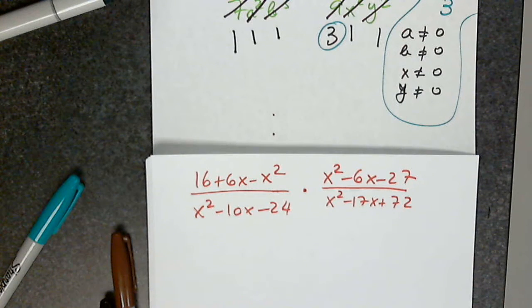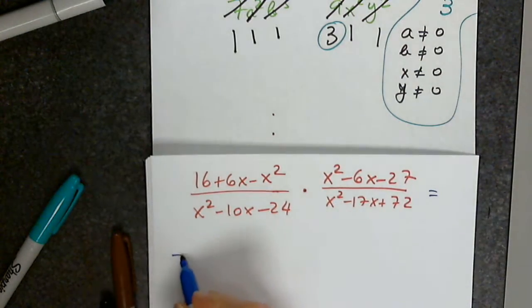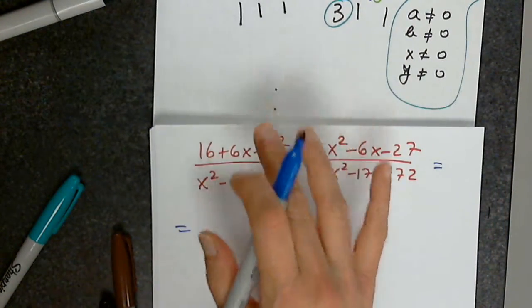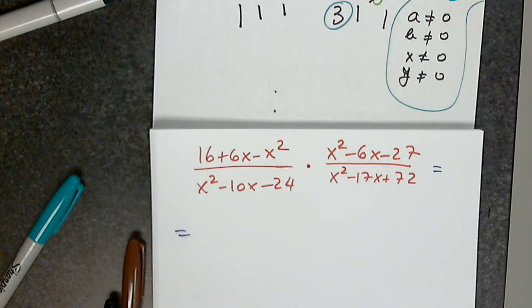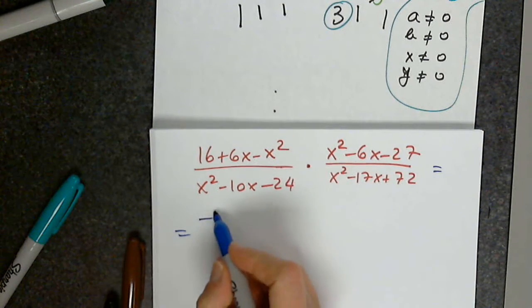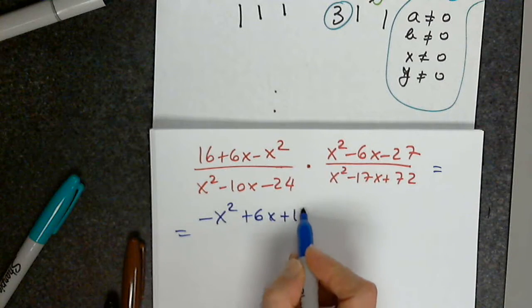First, I look at this problem, and I ask myself, are they all in descending order with a positive leading coefficient? No. Which one is not the way I would like it to be? The first one. So I have to rearrange, as we studied in chapter 6. Your book does not say that, but then in chapter 6, they say, oops, we forgot. So that's why we had to do this from the beginning.